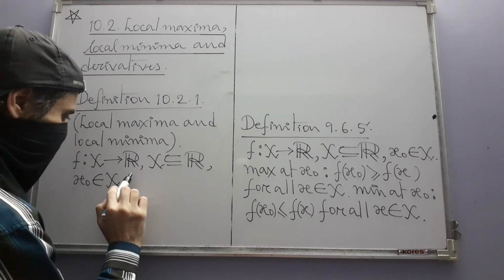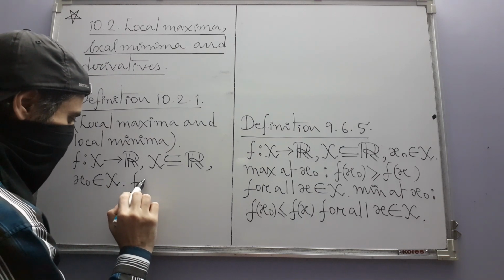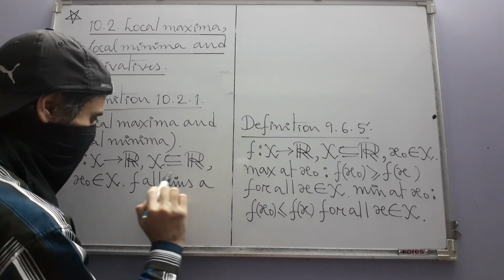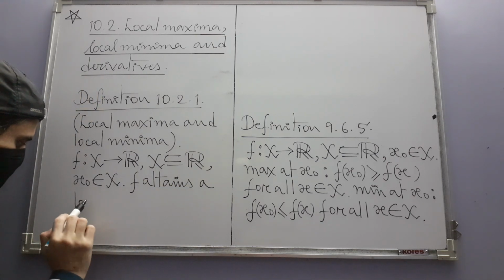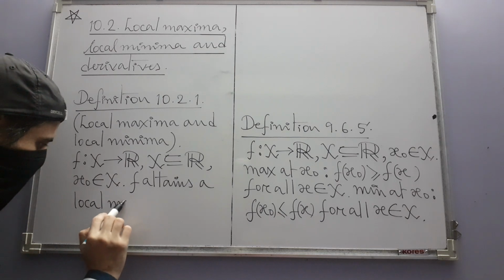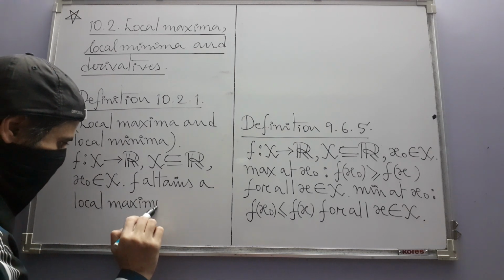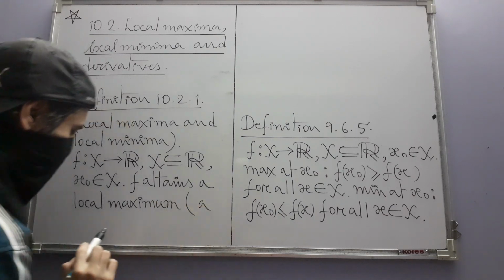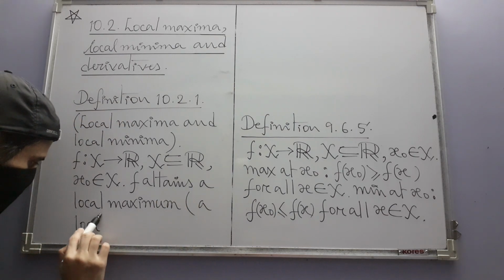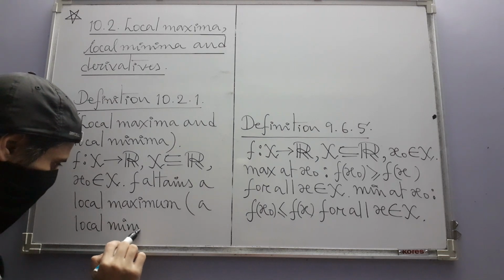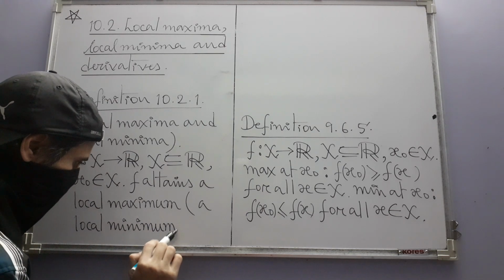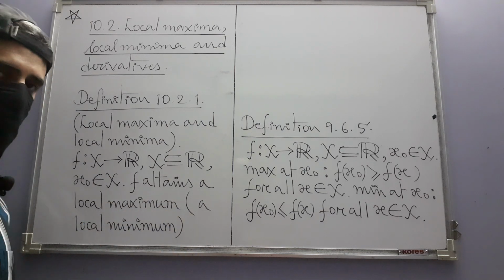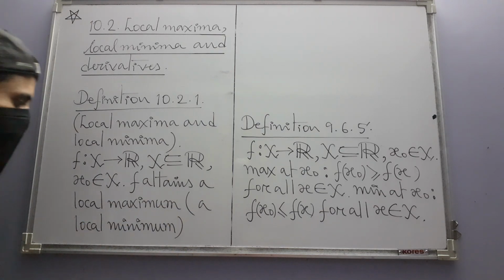We say that f attains a local maximum, respectively a local minimum, that is actually the second part of the definition, but here itself we will state it.